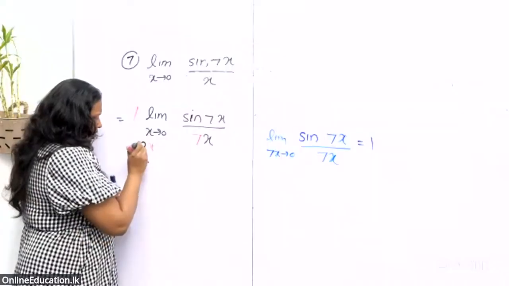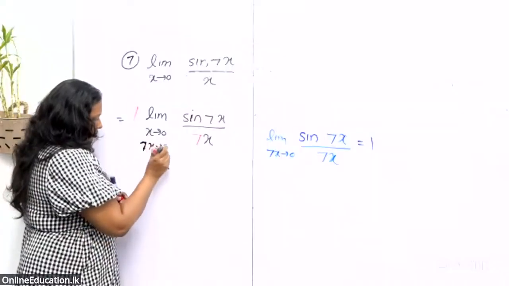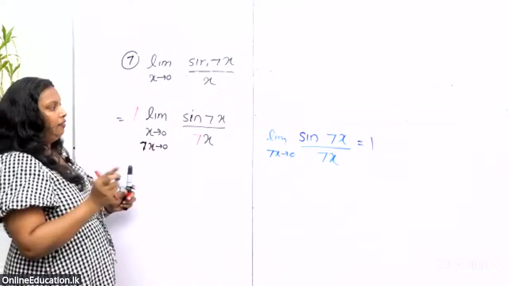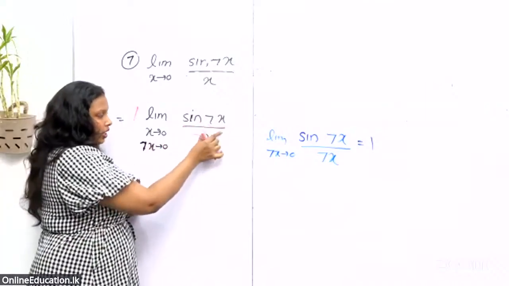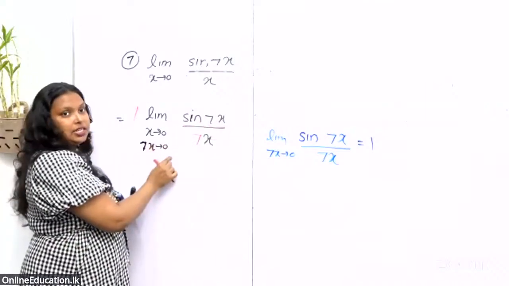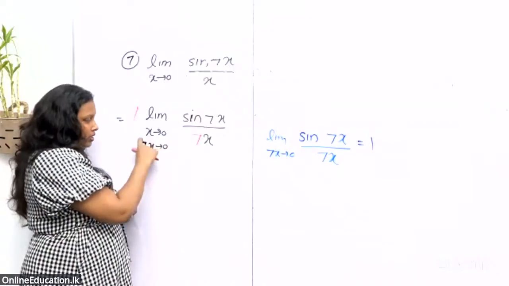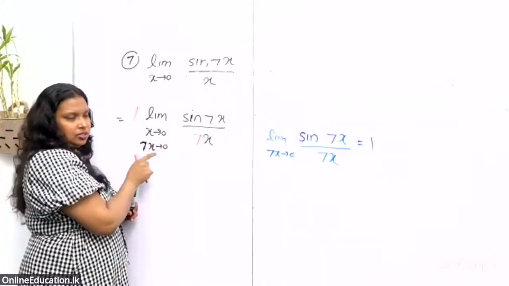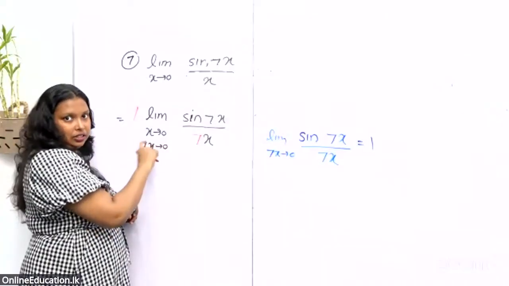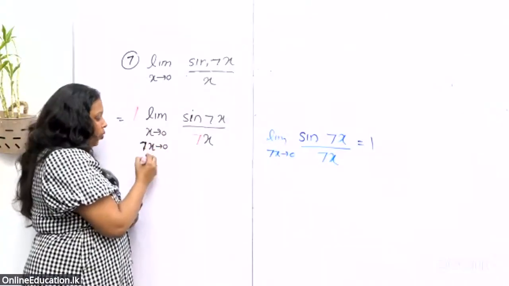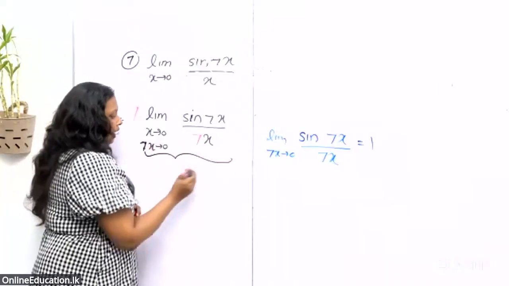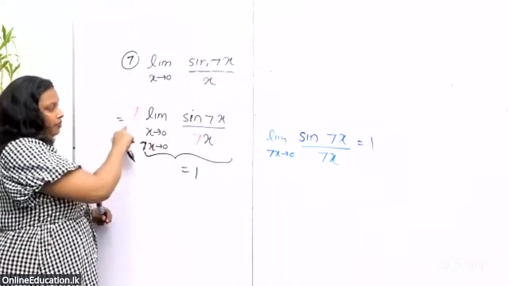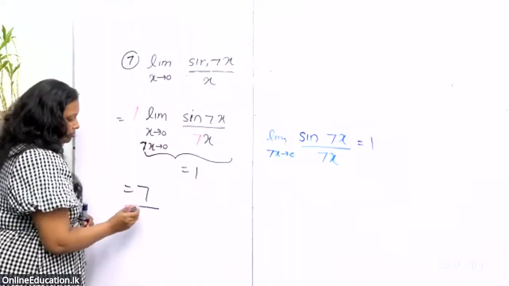Now we have got the format: sine 7x over 7x when 7x tends to 0. What I wrote is x tends to 0 means 7x also tends to 0. So this whole part I can take as 1. So 7 into 1, your answer will be 7.